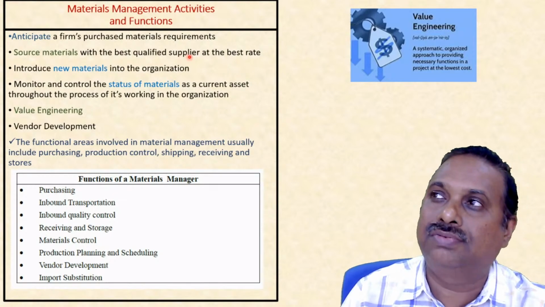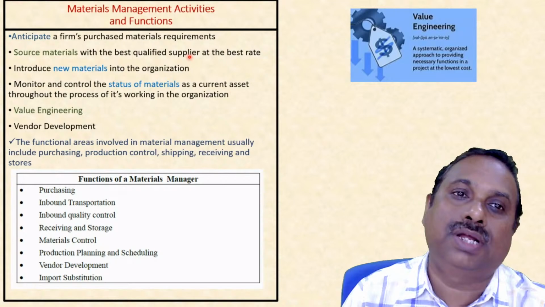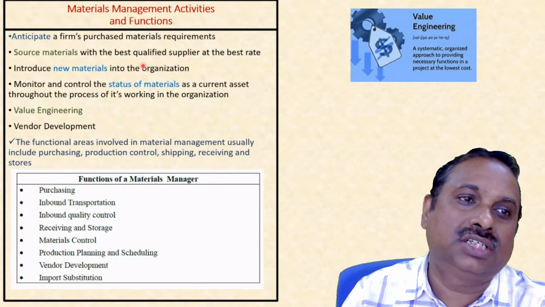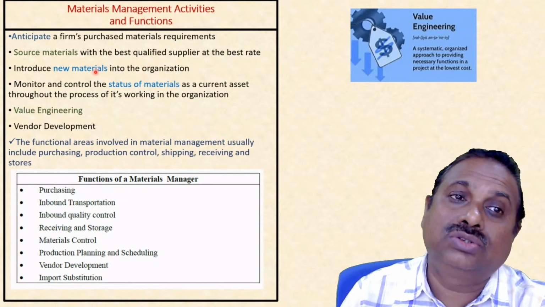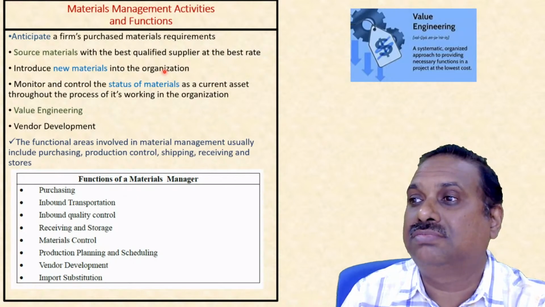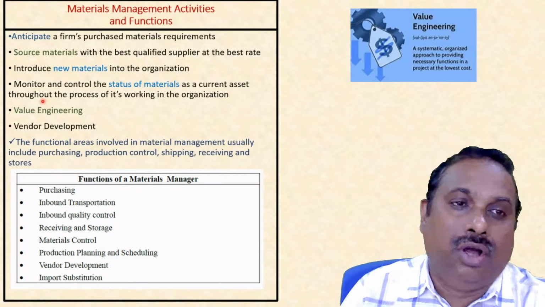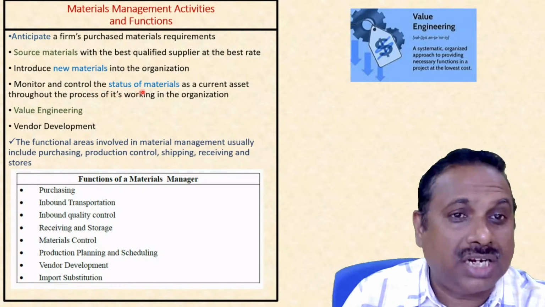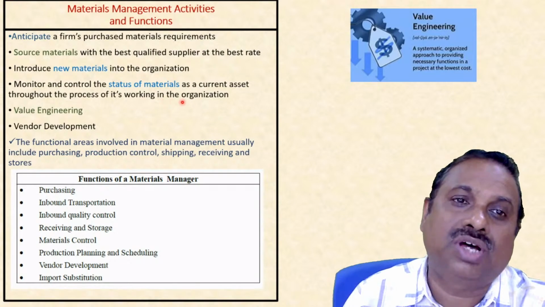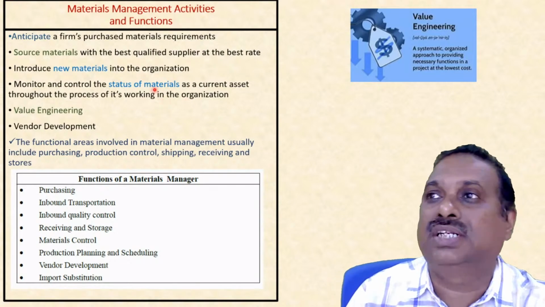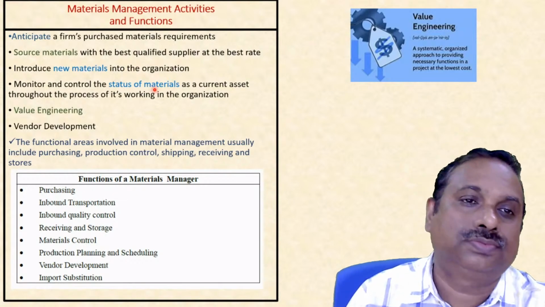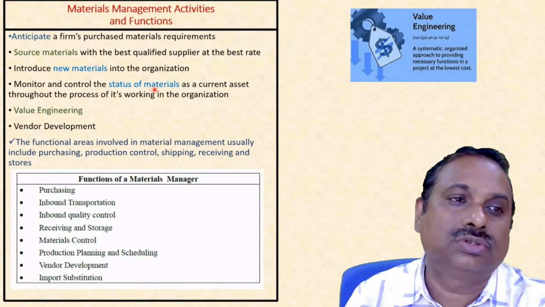Suppose there are n number of suppliers, you select the suppliers as per some procedures. Supplier selection. Then introduce new materials into the organization. You see whether alternative materials are available or not. Monitor and control the status of materials as a current asset throughout the process of its working in the organization. Status of raw material, status of work in process also. And of course, finished goods.